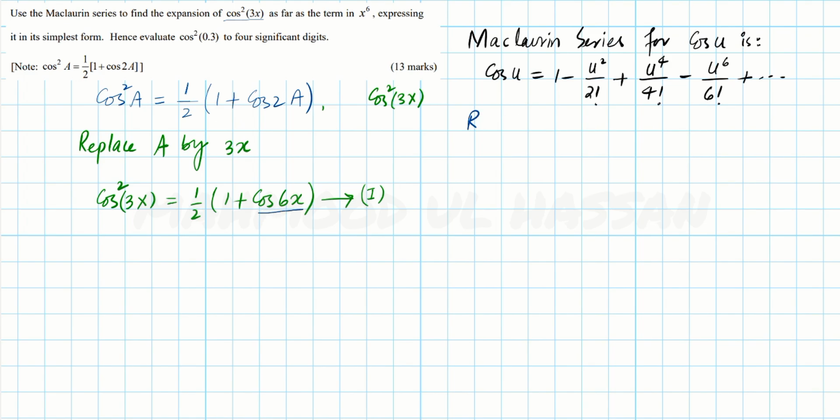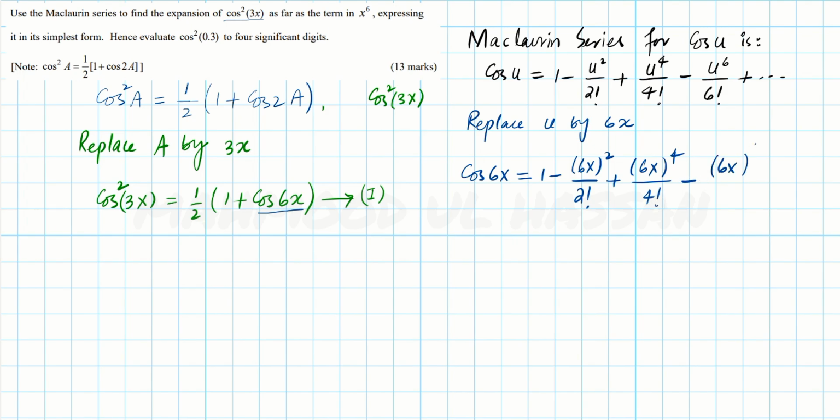So we have to replace u by 6x, so this series would become cos 6x is equal to 1 minus 6x squared divided by 2 factorial, then plus 6x to the power 4 divided by 4 factorial, then minus 6x to the power 6 divided by 6 factorial, and plus so on, right?